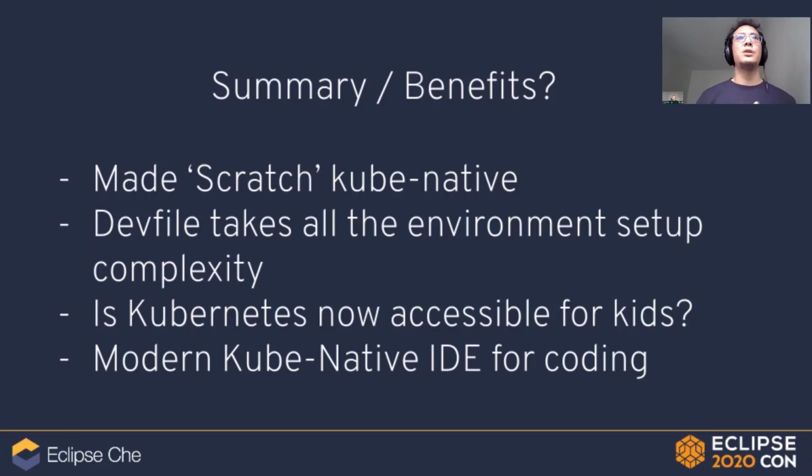Okay, so we wanted to finish this talk with a quick summary and maybe discuss the benefits of Che and Scratch and what we have done. The first item to discuss was whether we managed to make Scratch Kubernetes, and I think we did a good start to achieve that, exposing Kubernetes as Scratch blocks.